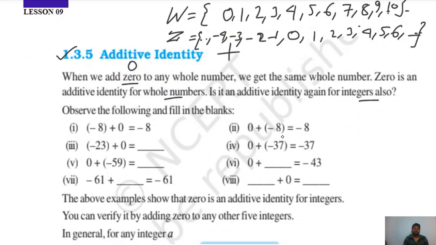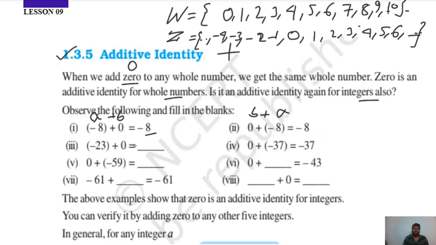Here are some examples. Minus 8 plus 0 equals minus 8. We know that 0 plus minus 8, that means here a plus b, here b plus a, where a is minus 8 and b is 0. This is also 0 plus minus 8 equals minus 8.